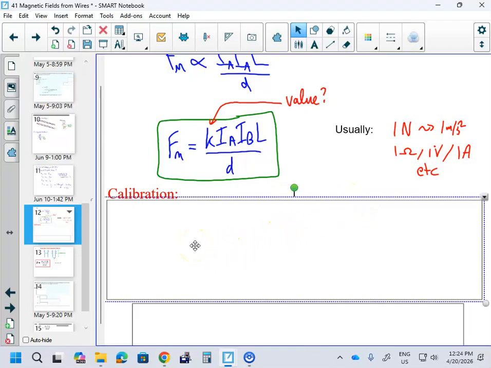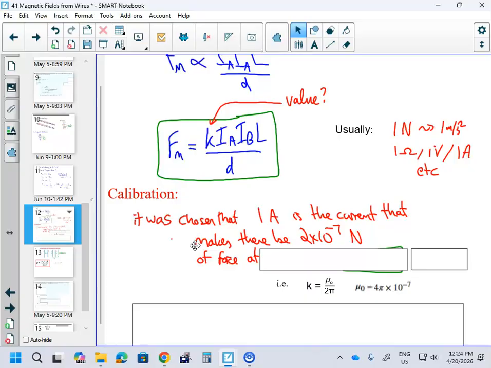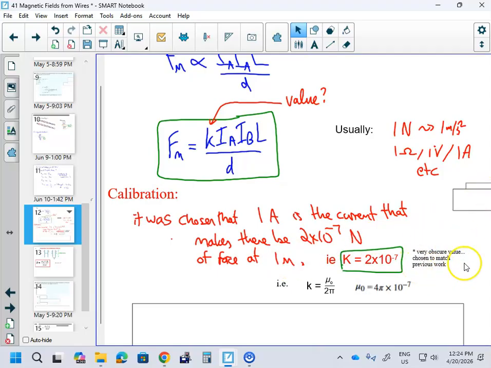You can think of figuring out what that would be, right? Well, what they did, this is the historically significant part, is they chose to calibrate this so that 1 amp of current is the current that makes 2 times 10 to the negative 7 newtons of force, which is a very obscure number, but obviously it's made to match previous work. This matches along with the 4 pi times 10 to the negative 7 permeability of free space number, right?